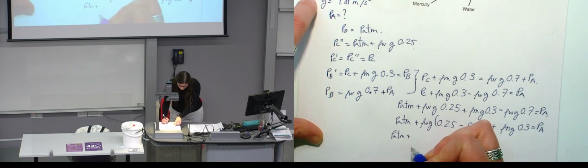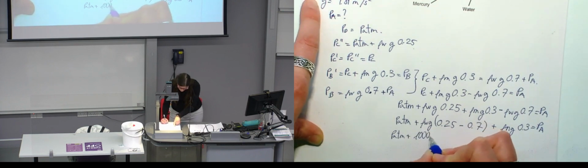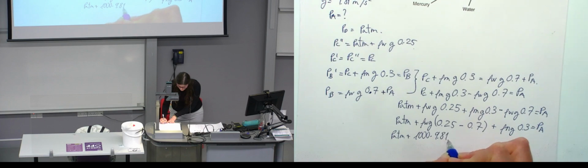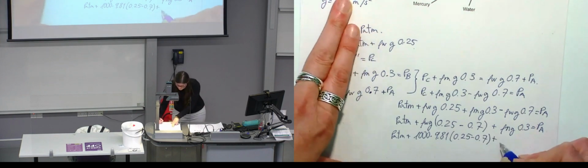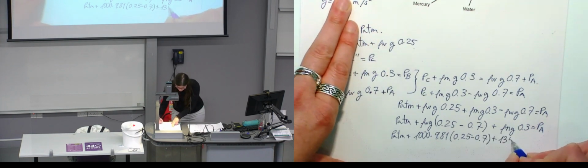And if we substitute the values, we have rho water is 1,000, gravity is 9.81, then the density of mercury, and this is equal to P_A.